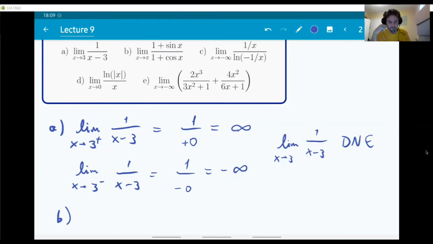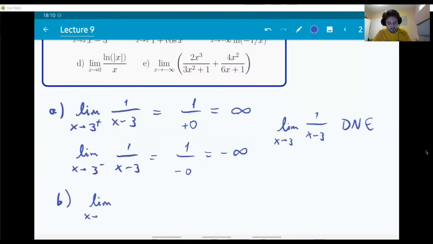But in this case, what is happening to 1 plus cosine x? Is that always positive, always negative? Depending on the side, what happens? Well, remember that cosine is always between minus 1 and plus 1. Also sine, but we're interested in the cosine here. So if you add 1 to cosine x, this is always going to be larger than or equal to 0.